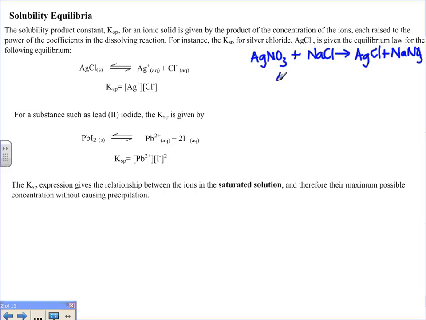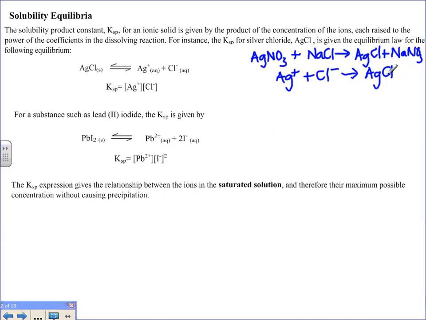And the net ionic equation that you would have produced from this particular reaction is that AgCl is formed by the reaction of Ag+ and Cl-. So when we're studying reactions qualitatively, this is how we would look at a precipitation reaction or forming a precipitate.